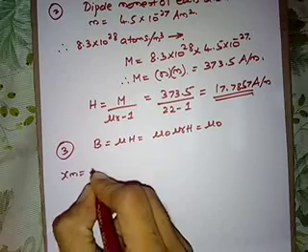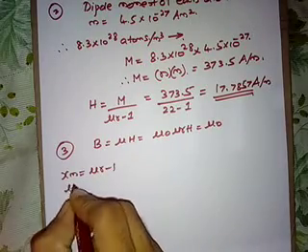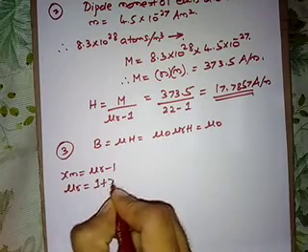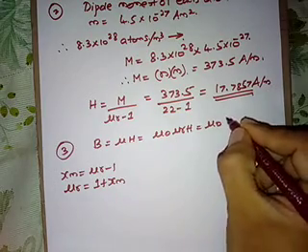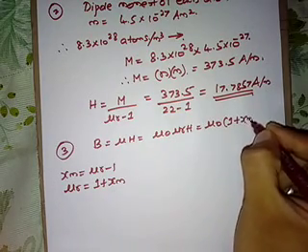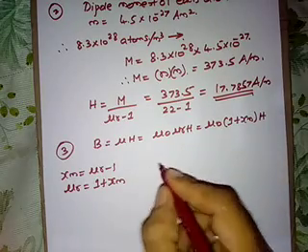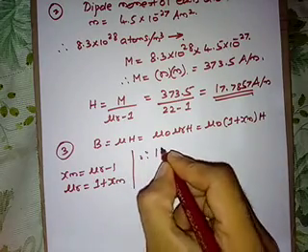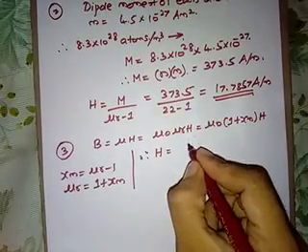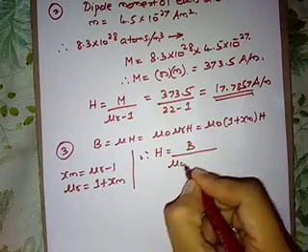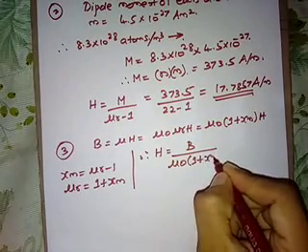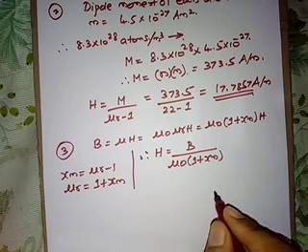So B is mu naught into 1 plus xi m into H. Therefore H will be equal to B divided by mu naught into 1 plus xi m.